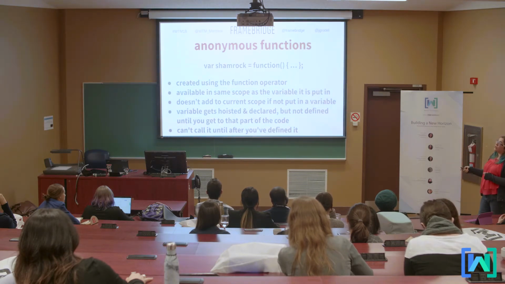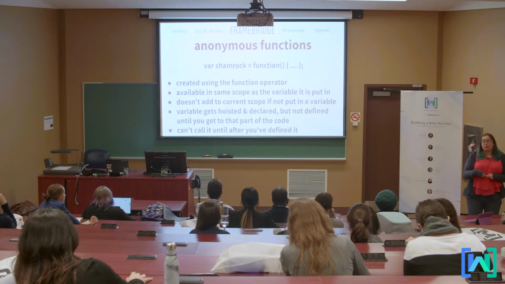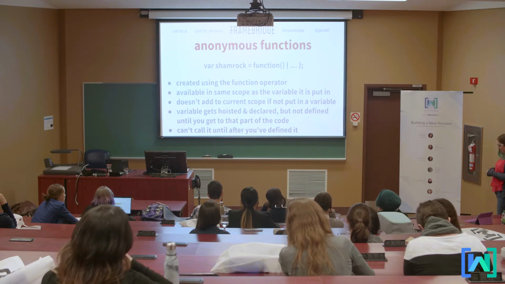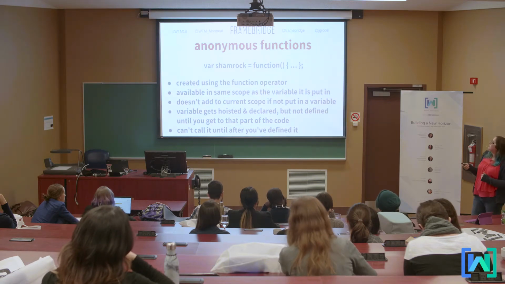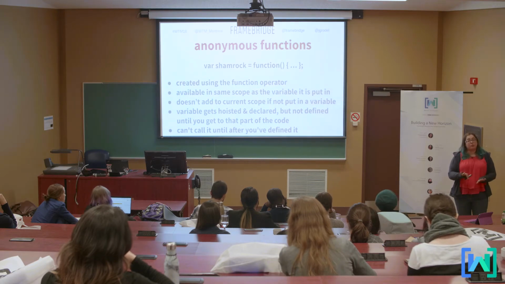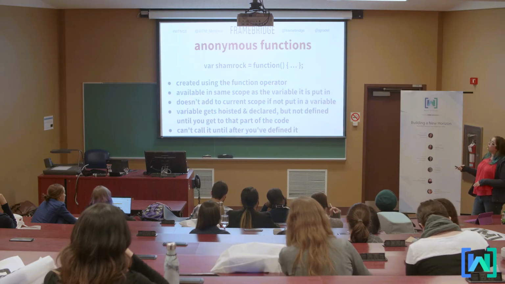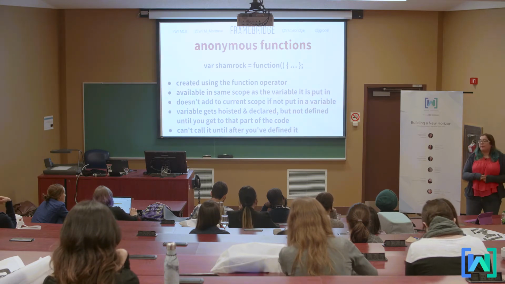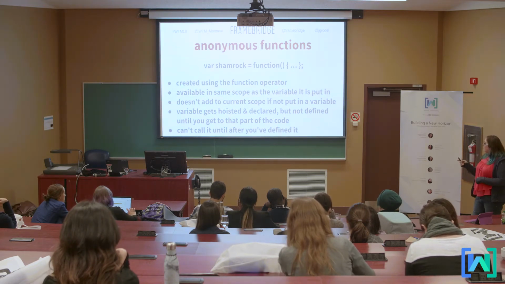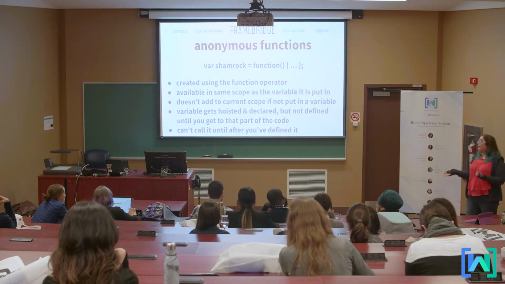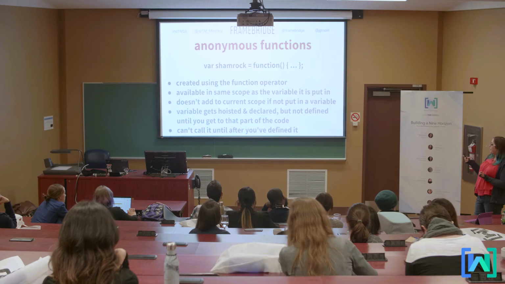But we could have defined shamrock earlier in a higher level scope, and then just said shamrock equals without the var, and it would be available to us outside that scope. And if you don't want it to clutter up your current scope, you can simply execute it right away and not put it in a variable in that scope. With that, you don't have a way to call it later on if you want to use it again, but that can still be very helpful.